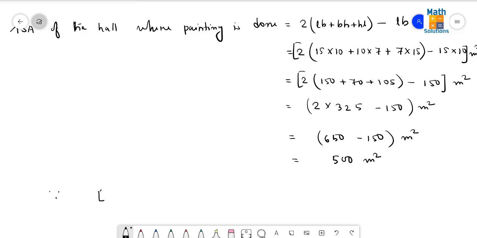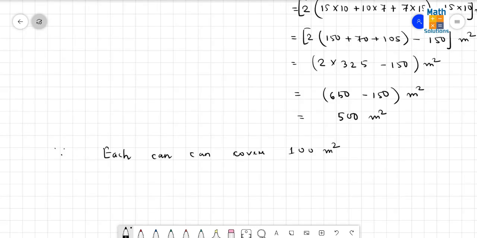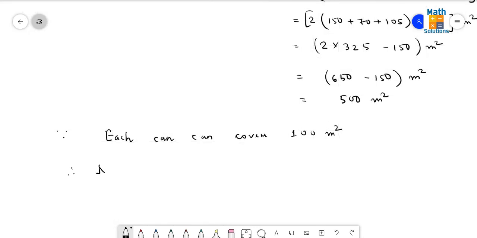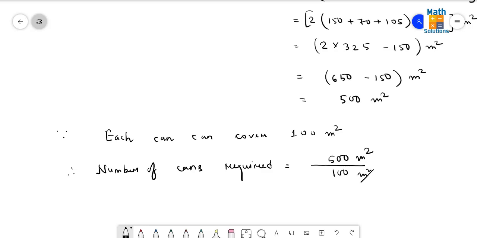Since each can can cover 100 meters square, therefore the number of cans required will be equal to the total surface area where painting is done, divided by the total surface area covered by one can.